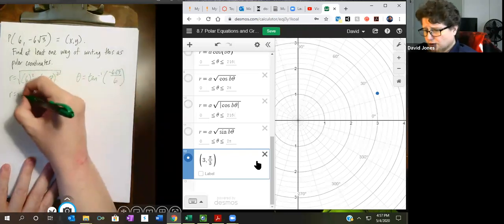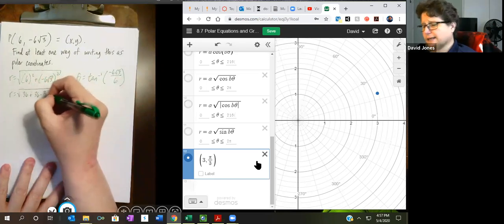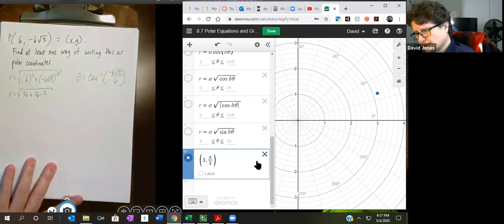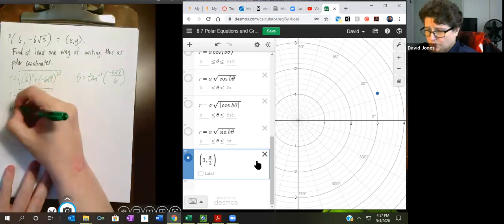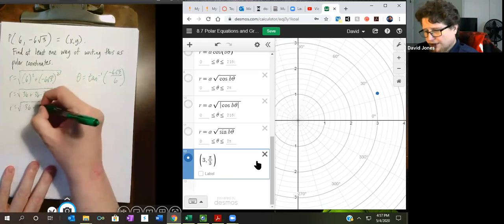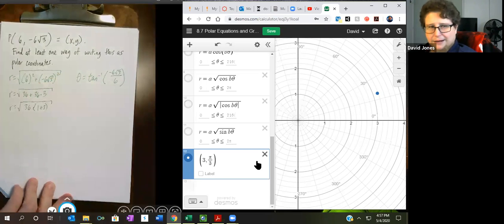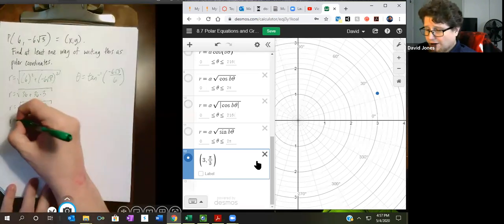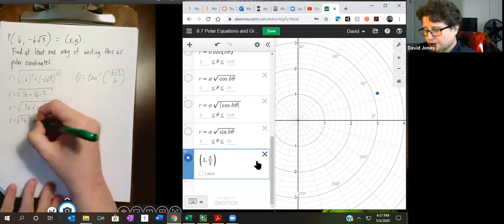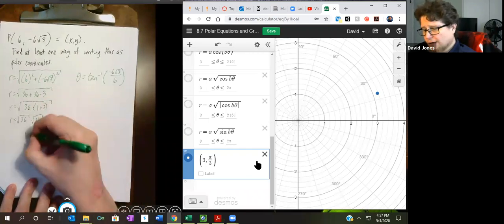This is square root of 36 plus 36 times 3, which equals 36 times 1 plus 3. This is my way of doing it without the calculator. R equals the square root of 36 times the square root of 4. 6 times 2, R equals 12.